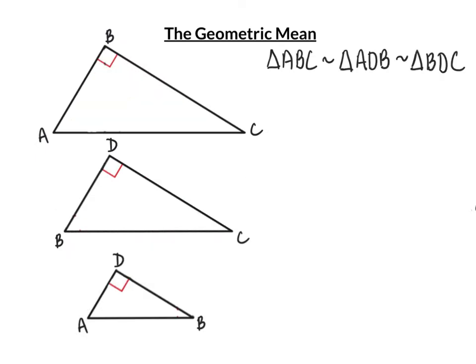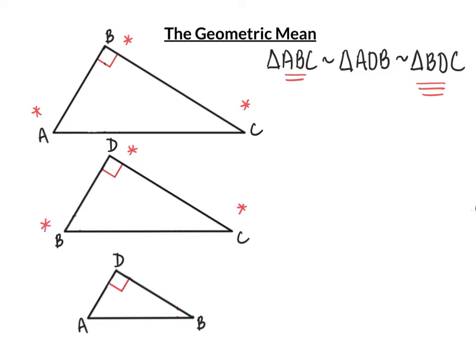Here are the three triangles set up so that we can easily tell which sides correspond. Notice that we did this all correctly because look at the first part of our similarity statement. Triangle ABC. It's similar. Let's look at this one next here, BDC.